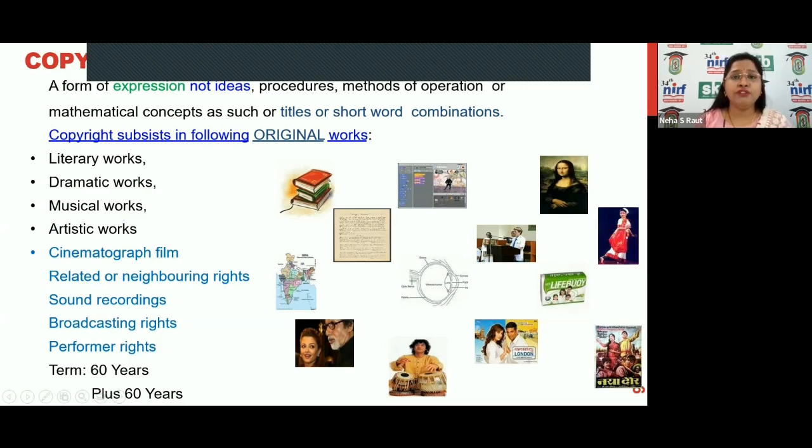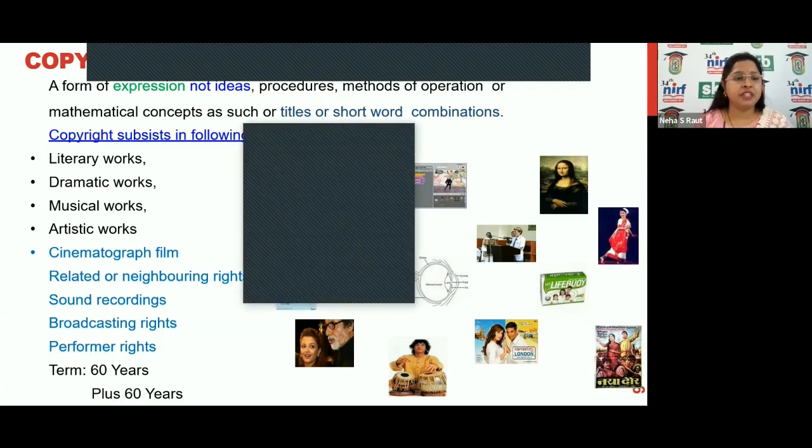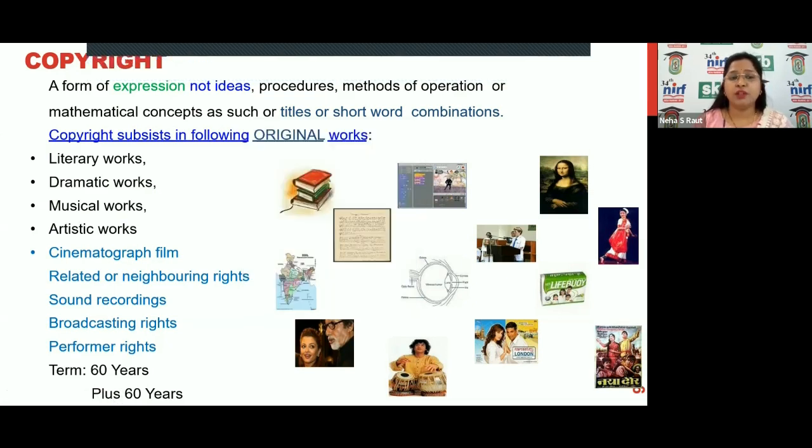Although in case of the remaining four, that is cinematographic work, sound recording, broadcasting right, performance, the protection is for 60 years after publication. So this is the term of protection of copyright.